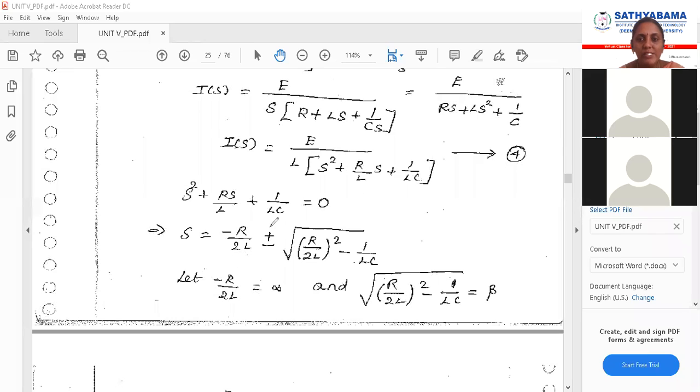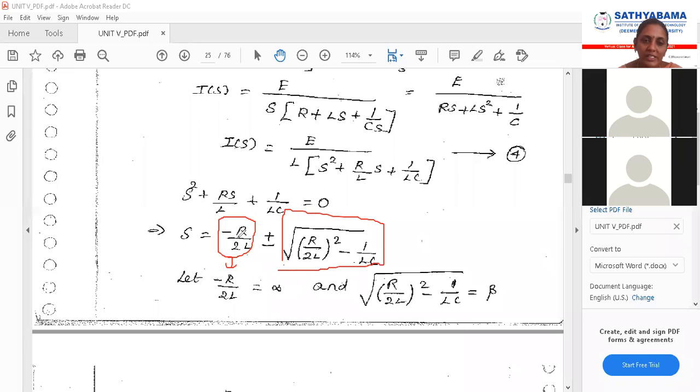Now for simplification, I'm going to assume this as alpha. If you see here, minus R by 2L, I'm going to assume it as alpha. And square root of (R by 2L the whole square minus 1 by LC), the entire term, is going to be beta. So I'm assuming the second term as beta.